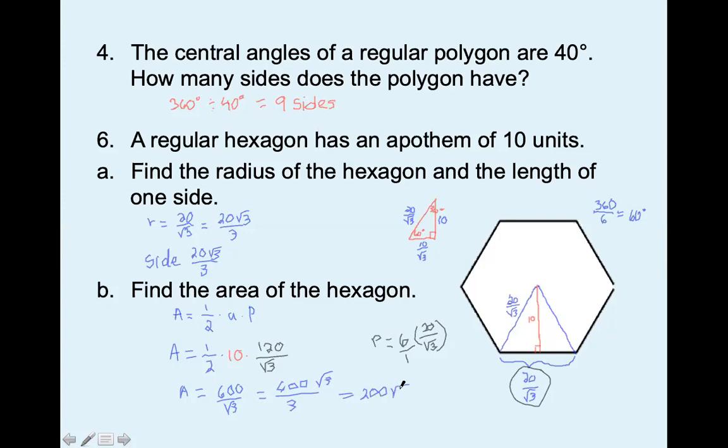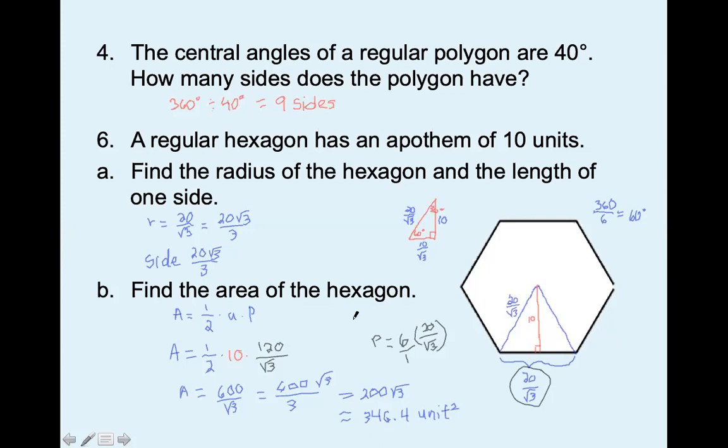That's the area. Okay, if it bothers you to have that radical, we can make that an approximate answer, multiply it all out. 200 times the square root of 3 would be about 346.4, and our units were just units, so I'm going to write 346.4 units squared.